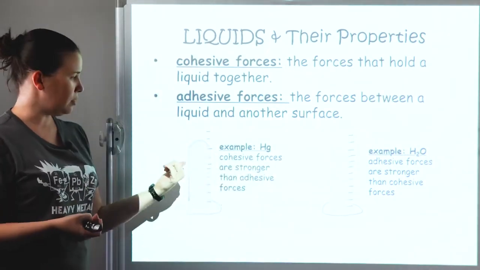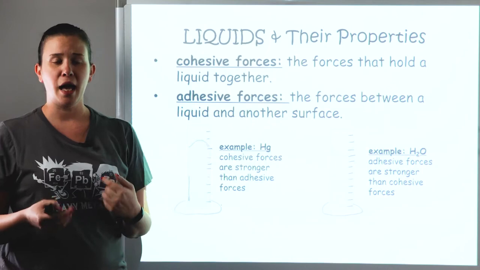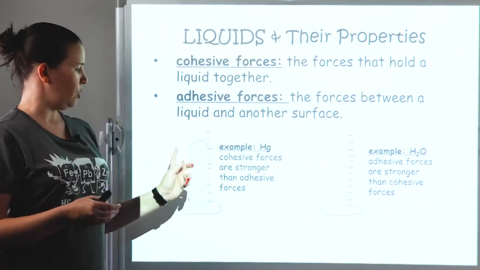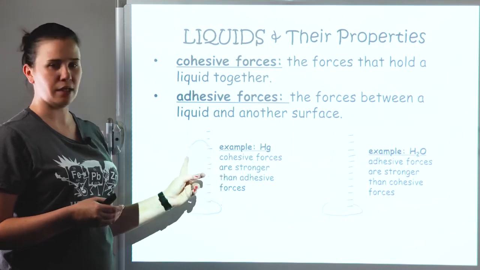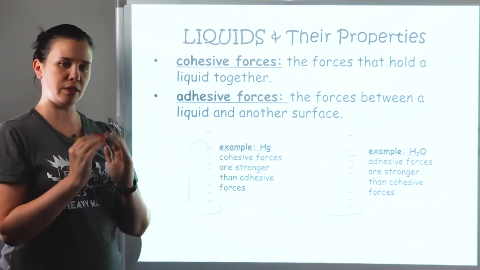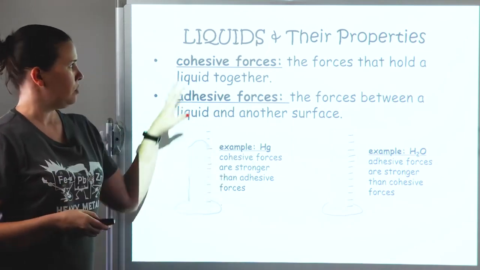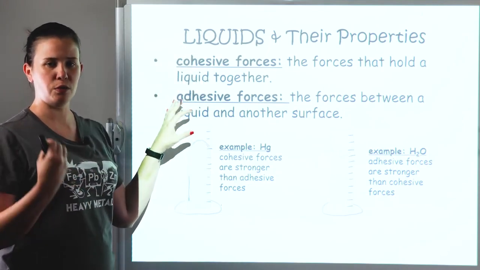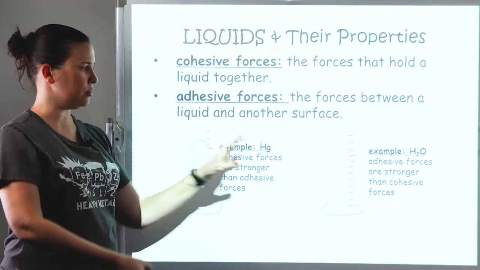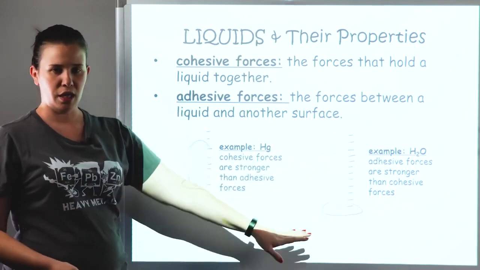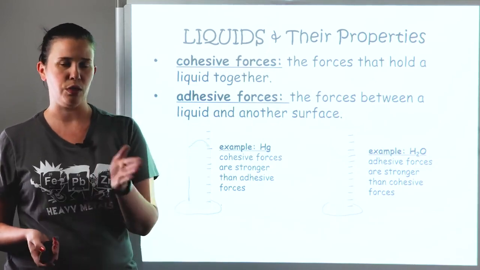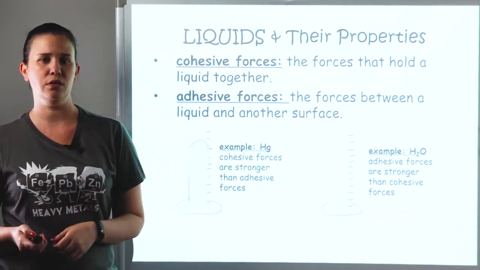But some substances, and this example here is mercury, actually do have stronger cohesive forces than adhesive forces, and you almost get an inverted meniscus at this point, where it would bubble as opposed to climbing the wall. So cohesion is water attracted to itself, and adhesion might be water attracted to something else like glass. Cohesion and adhesion are both a result of interactions between molecules, or intermolecular attractions.